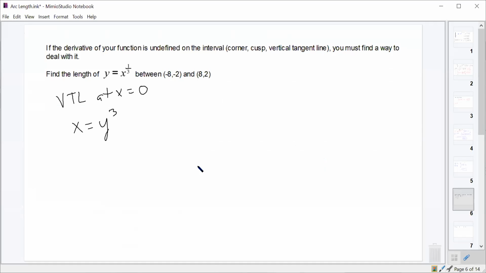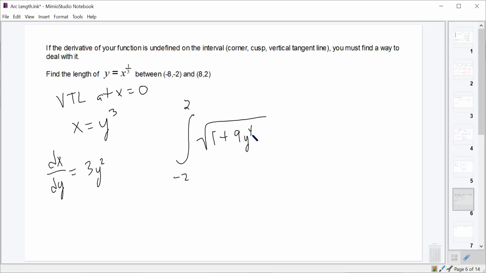So we're going to find dx/dy again as 3y squared, and squaring that is 9y to the 4th. And so we're going to just integrate from the y value of -2 to the y value of 2 of the square root of 1 plus 9y to the 4th dy.